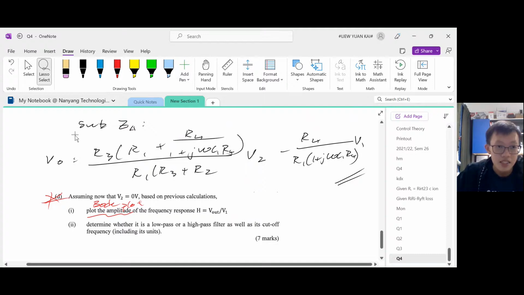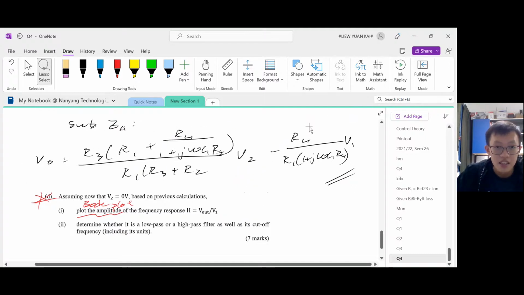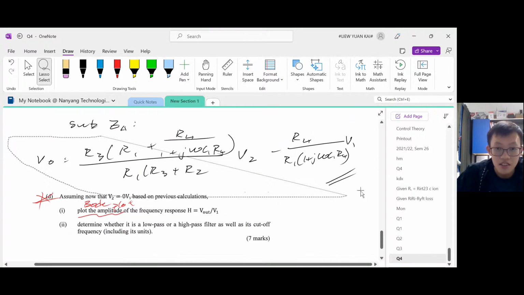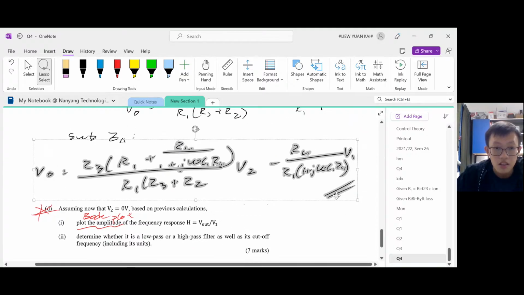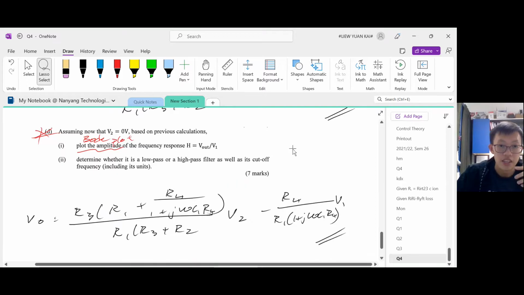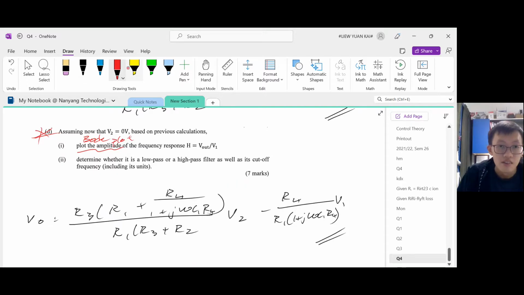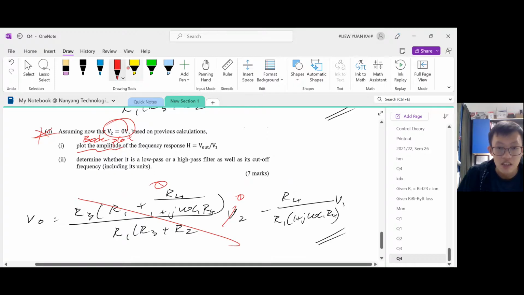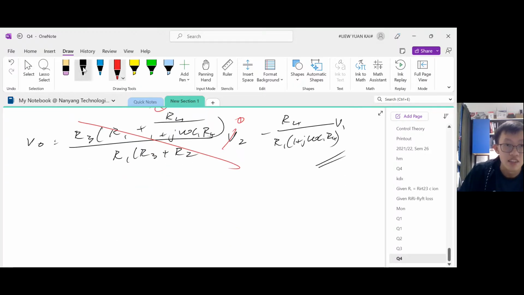So first, let us copy out our function of V out. Okay, what did they tell us? They told us V2 is now 0, right? So this is 0, means that we can switch this whole thing off. So this whole thing goes away. This whole thing cancels to 0, leaving behind this.